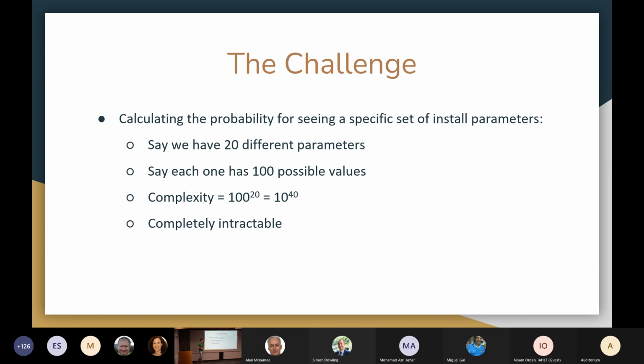Why is that difficult? So imagine we have about 20 different parameters of the install, of the device, all these parameters about the device and the operating system and so on. And then assume each one of these variables has, say, 100 possible values. Then all in all, the number of possible combinations for all these variables is 100 to the 20, or 10 to the 40.